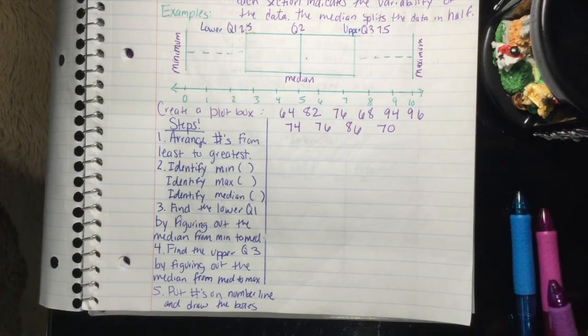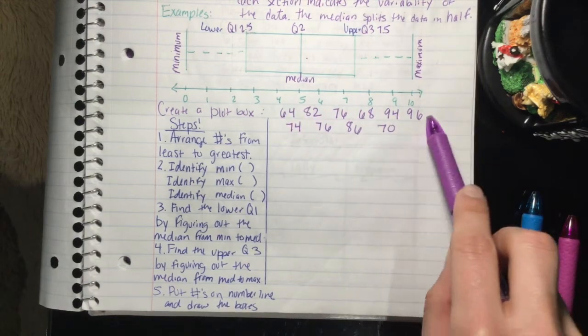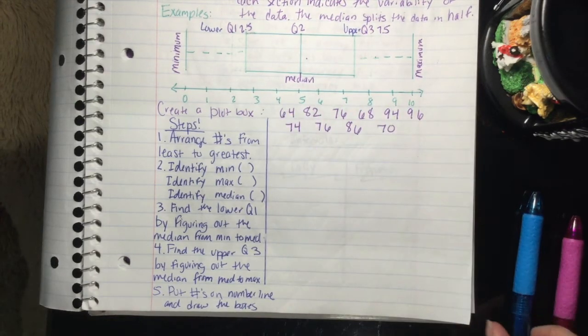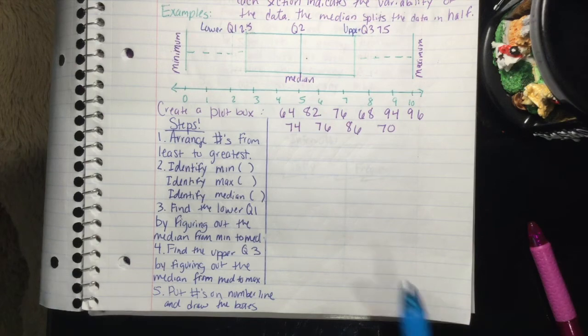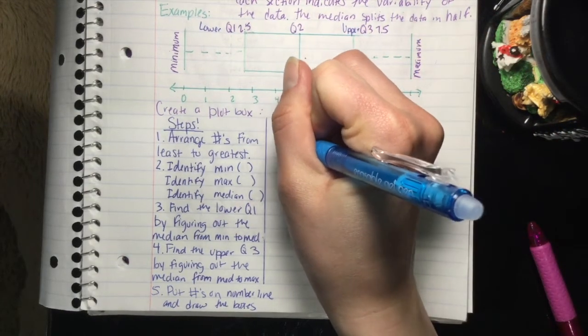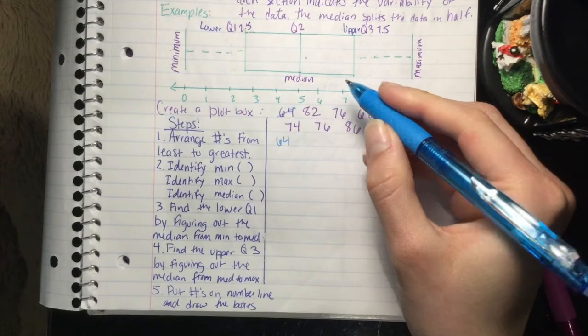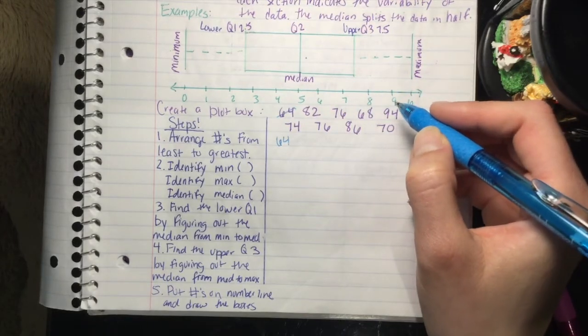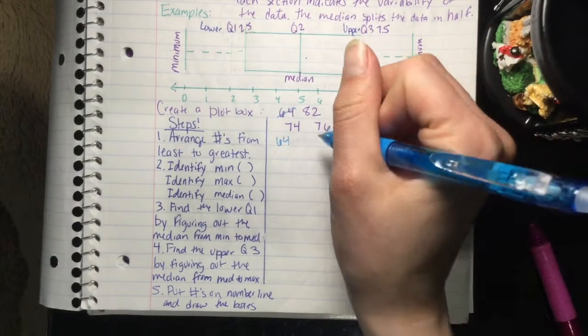All right, so I've got a set of data right here. Okay. First thing I'm going to do is arrange the data from least to greatest. All right, so my least is 64. All right, and next is 70.